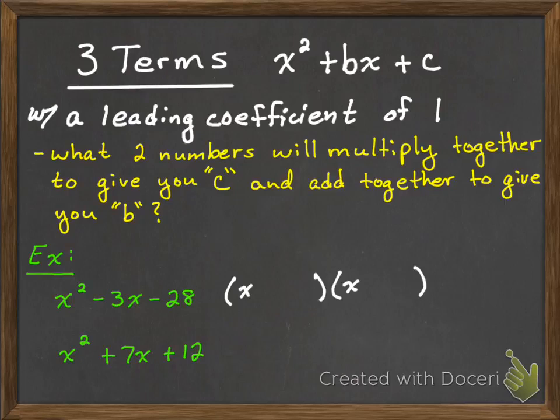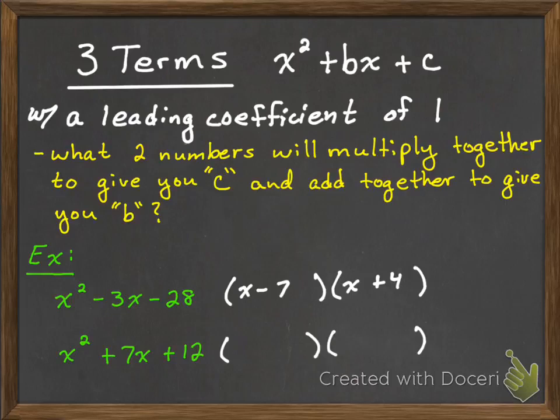Alright, so now we're back to this yellow thing here. Two numbers that will multiply together to give us the c value. Alright, well the c value in this case is negative 28. So two numbers that will multiply together to give us negative 28 and add together to give us negative 3. That will be a negative 7 and a positive 4.